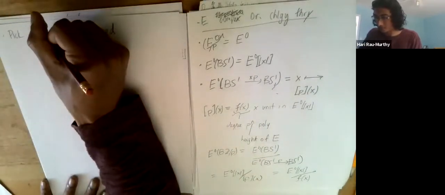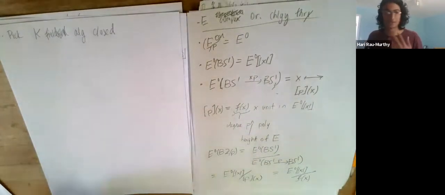And I'm going to make it be a field. And what that's going to do is make the Chinese remainder theorem map an isomorphism.